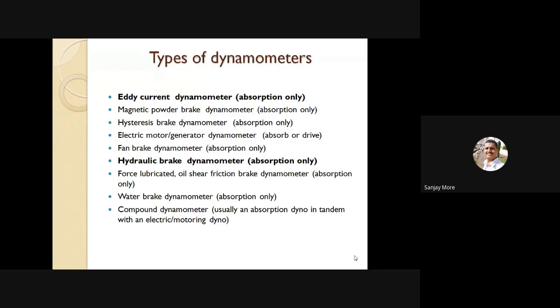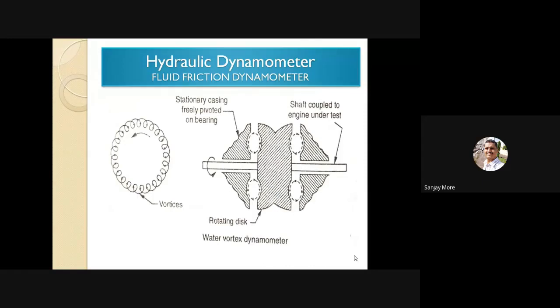Okay. So focus on only hydraulic brake dynamometer and eddy current dynamometer. Then next title, hydraulic dynamometer or fluid friction dynamometer.